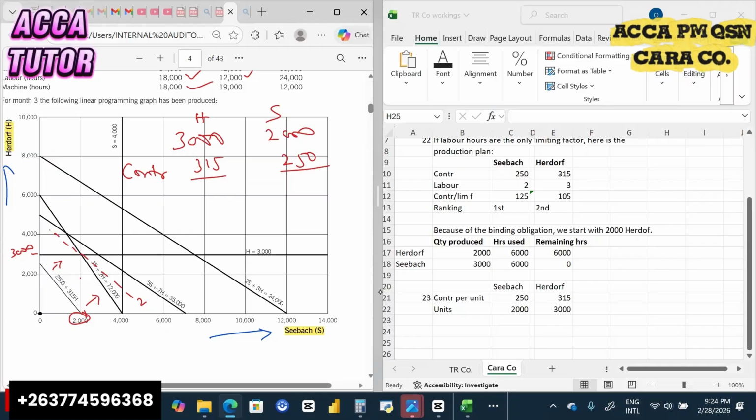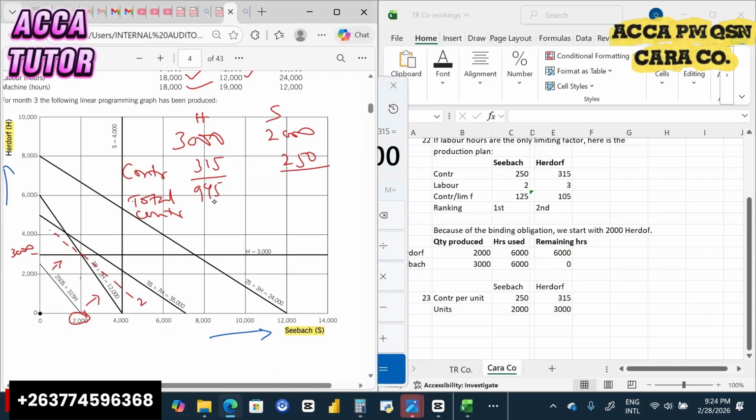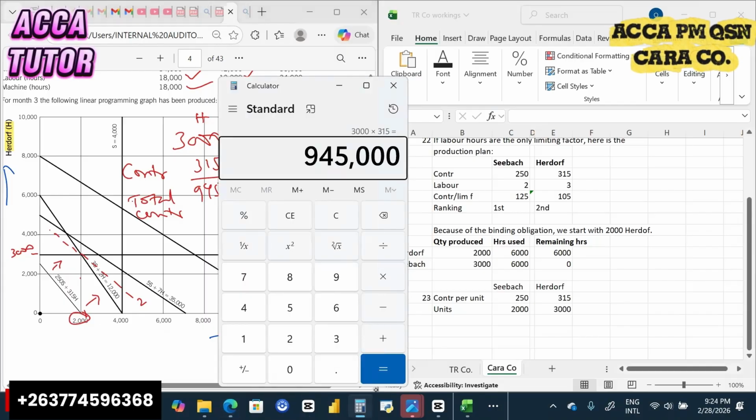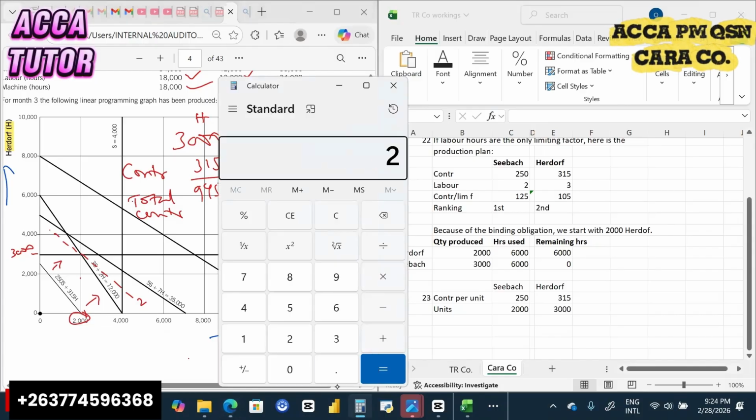In terms of total contribution, that's 3,000 multiplied by 315, that's 945,000. And for the C batch, 2,000 multiplied by 250, that's 500,000.